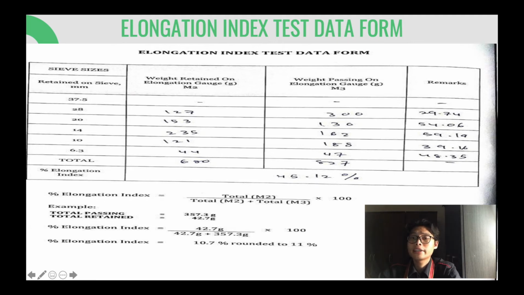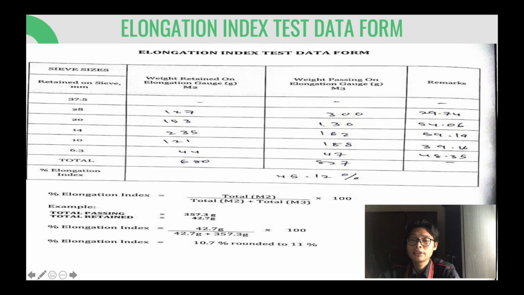These are data for elongation index test. So in this data, we calculate elongation index. We use the formula given: total M2 over total M2 plus total M3 times 100.